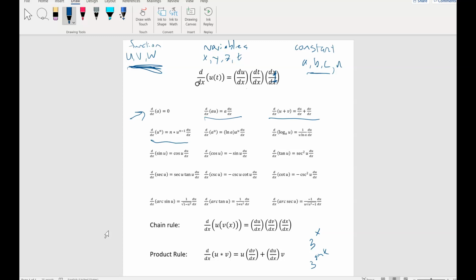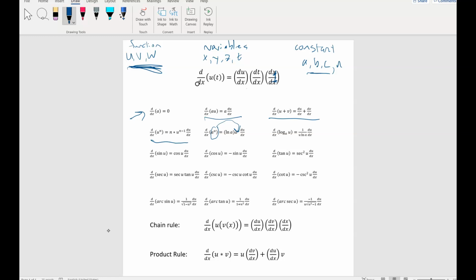The base is a constant and the power is something involving a variable. So this is saying that when you take the derivative of an exponent like that, you have to multiply out front by the natural log of whatever the base is. Then you just leave this the same, and then you multiply by the derivative of whatever u is.